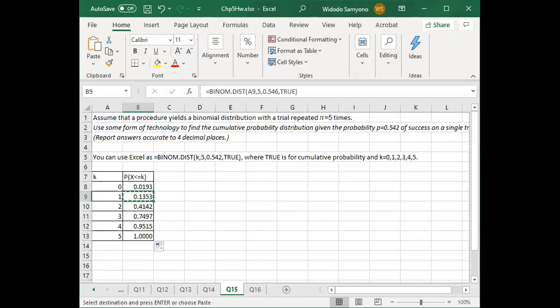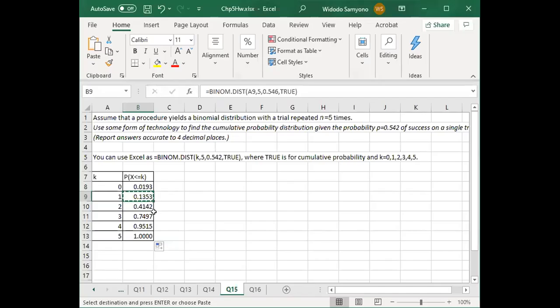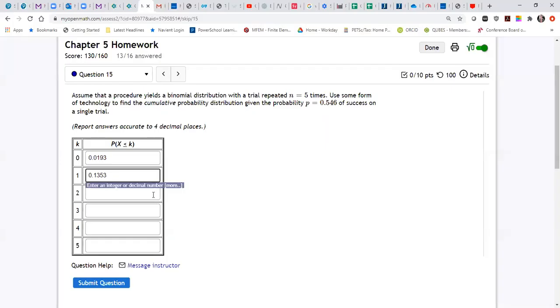Copy and paste it here. Copy and paste it. Copy.